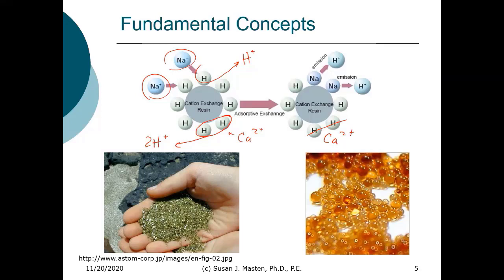These reactions can occur on a synthetic polymeric material, like you see on the right-hand side. So these are polymeric beads. They can also be a zeolite material. This is a naturally occurring material that is ground here. These typically have a structure something similar to sodium, aluminum, and a silica base, and this is just one formula.